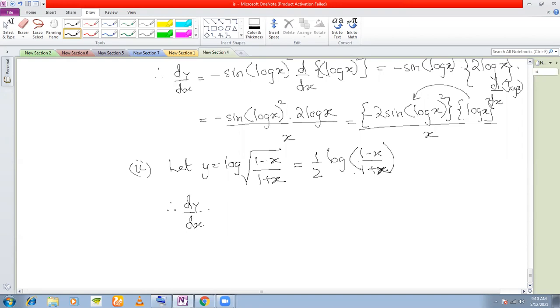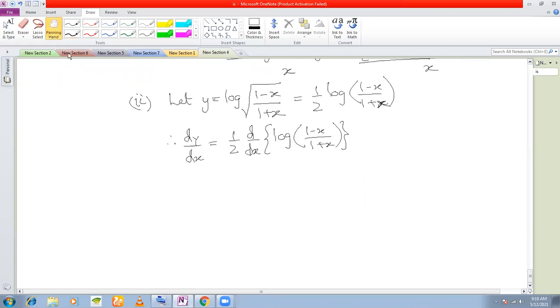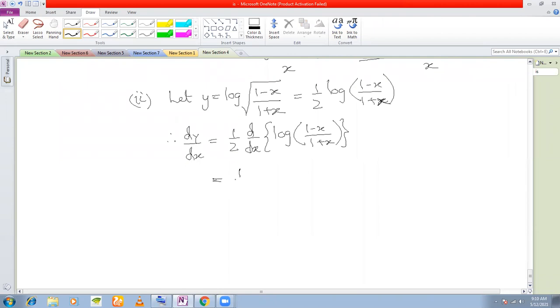Now we can differentiate this by whatever rule we have, is equal to half d/dx of log of (1 minus x by 1 plus x). So now half, log of this, take the denominator. First of all, differentiate the log. You'll get 1 by (1 minus x by 1 plus x), right?